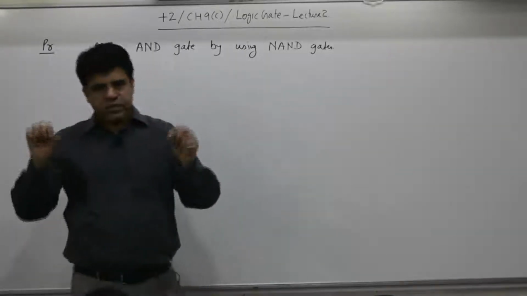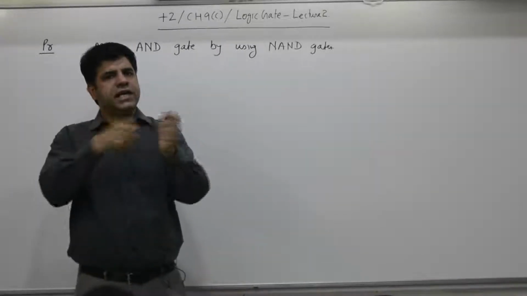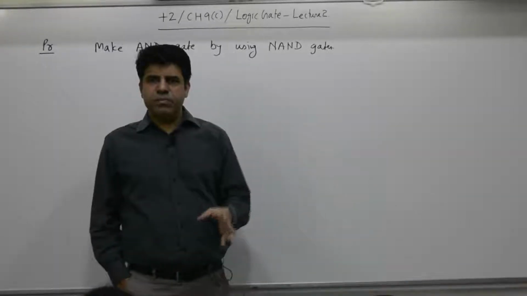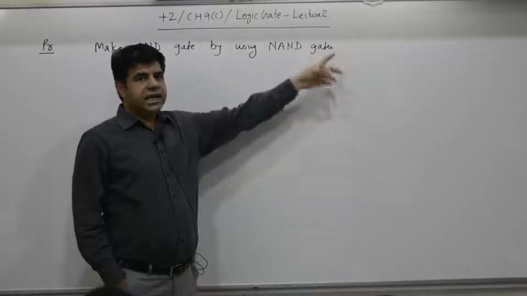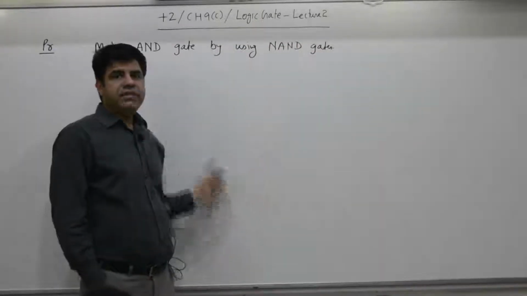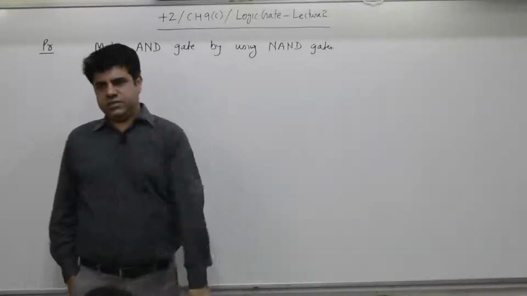If you want to make a chip, all NAND gates, and you can connect those NAND gates, short circuit, series, parallel, whatever that combination be. Using NAND gates, the circuit should behave as AND gate.